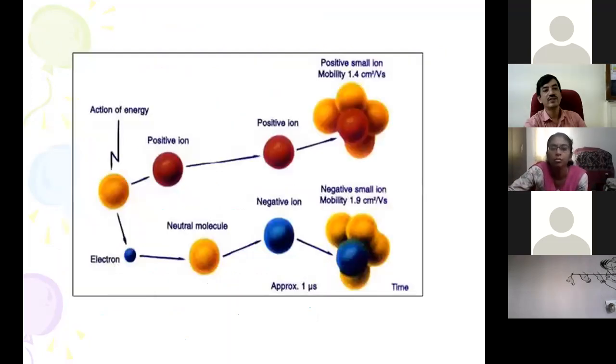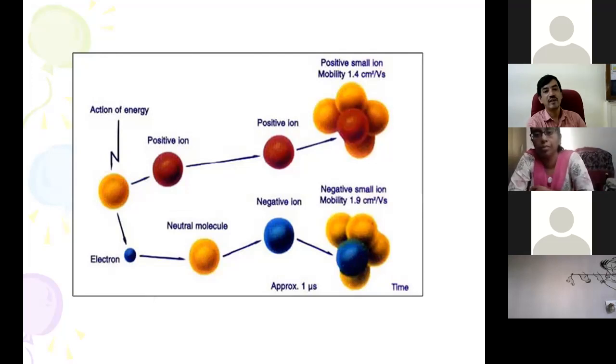I'll continue with this. These radioactive elements not only affect our health, they are also affecting the atmosphere by charging the particles. That means in the environment, they will create positive and negative ions.